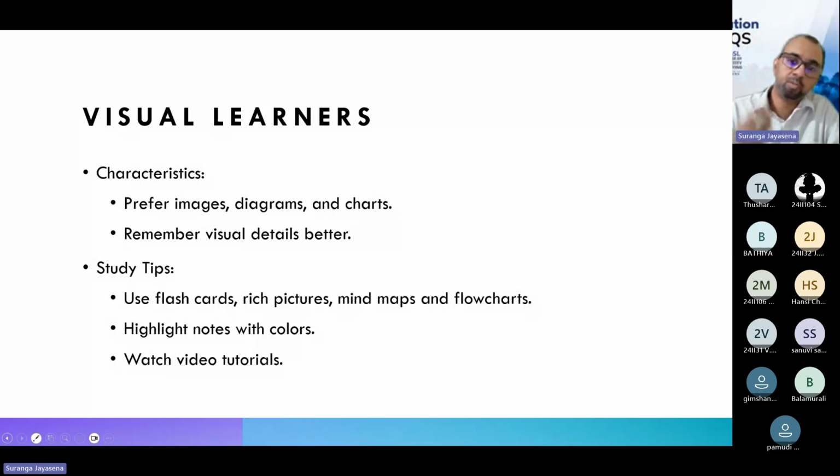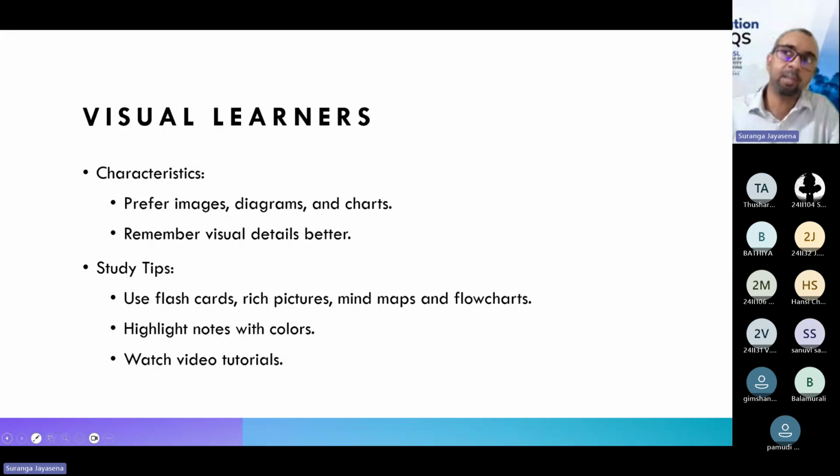So when you see these things, you first can acquire the knowledge, then you can acquire the understanding. And you remember these visual details better. You can recall them better.